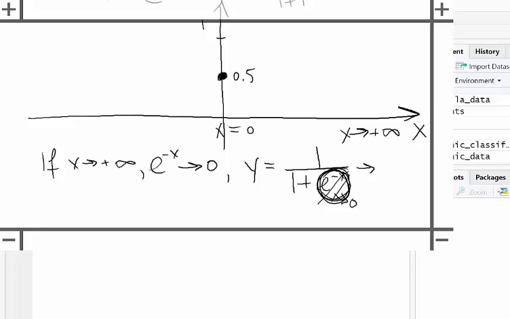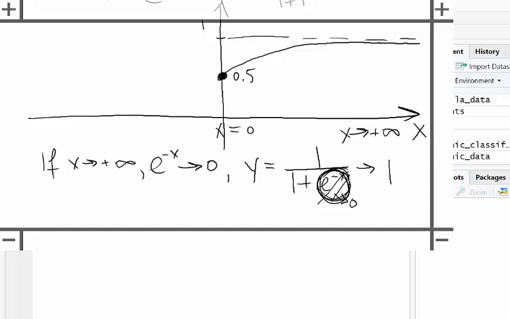So y goes to 1. That means this is how it looks on my chart: from 0.5, as I'm getting to higher and higher values of x, I'm getting closer and closer to 1. But I never reach 1. I can get very close to 1, but never actually touch it.